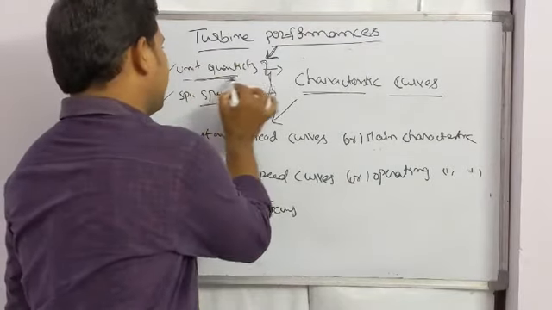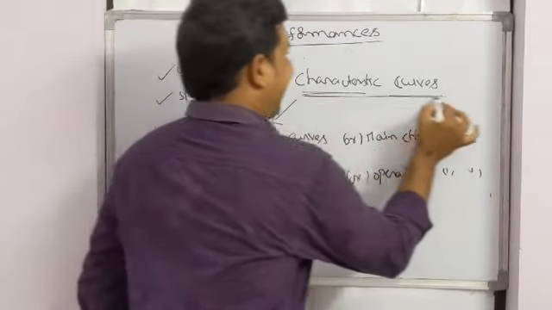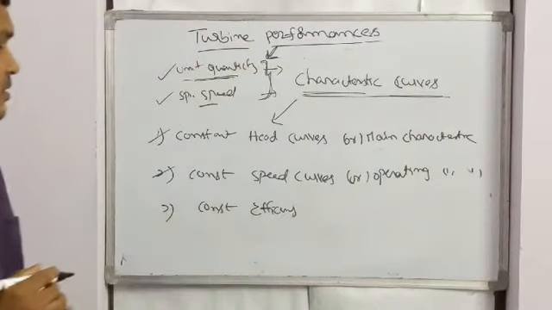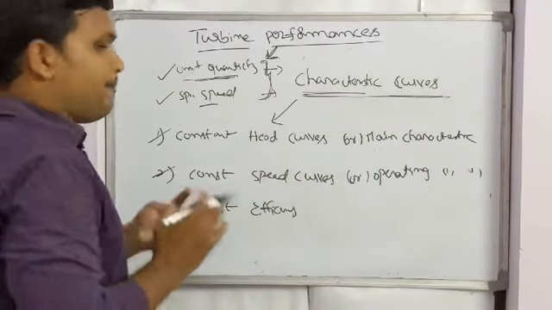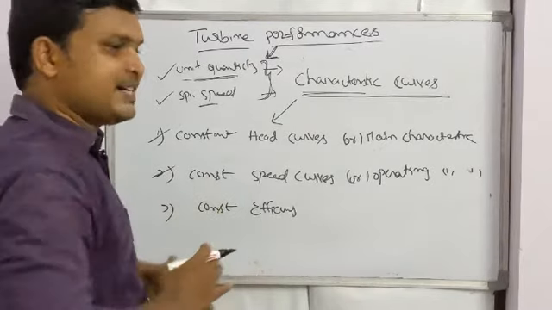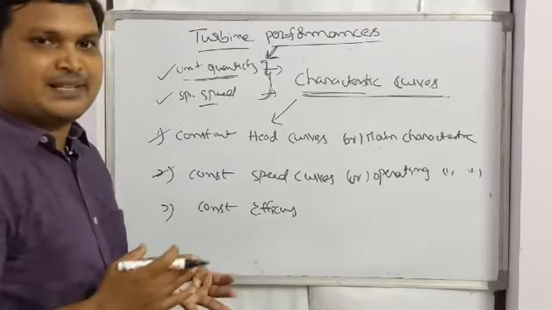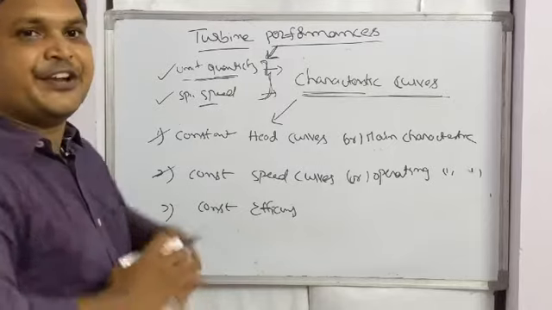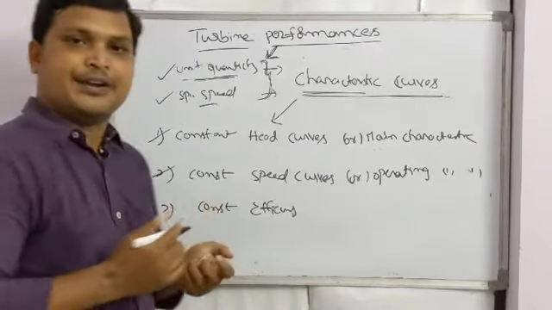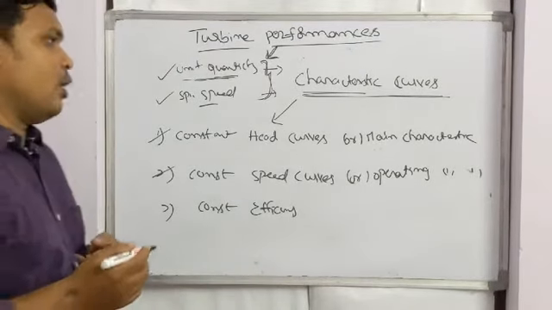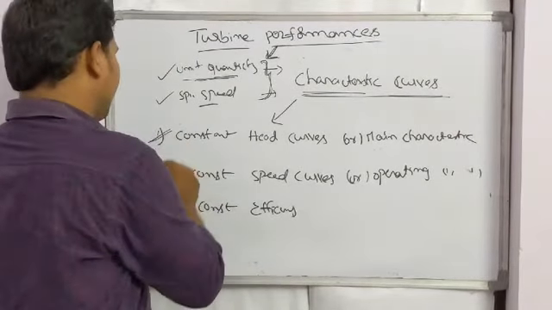After getting a performance test, we have to draw the characteristics curves. The characteristics curves simply give the comparison of a turbine in different sizes, or comparison of the same turbine in different aspects, meaning different discharges, different heads, or different speeds. So these are very important.